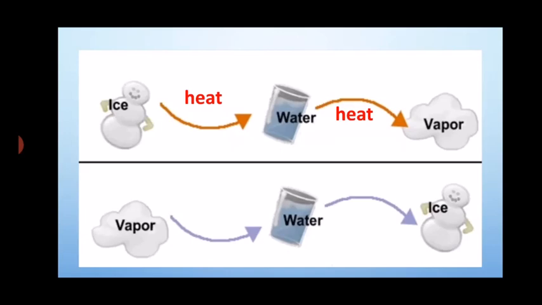Vapor when cooled becomes water, and water when you cool it becomes ice. So I told you it is a process which goes opposite and opposite. Alright, so this was about how the states of water can change. Let us now move on and talk about some more qualities of water.